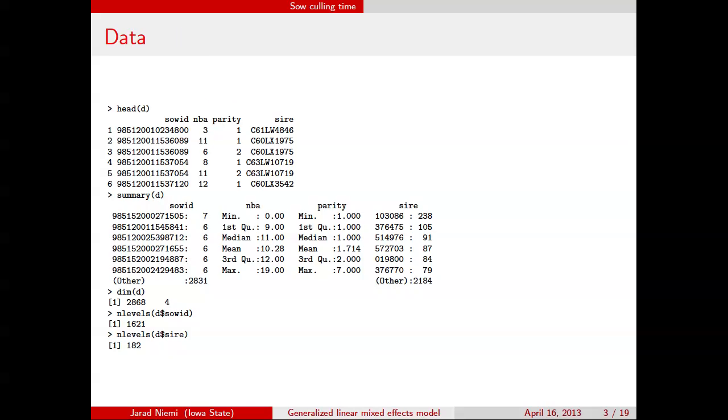Okay, so here's just a quick look at the data set. Here are the first 6 lines of the data set. On the left side is the unique ID for the sow. Sows are going to be in this data set multiple times, once for each parity, or once for each litter that they have in the data set. You can see right here that the same sow is observations 4 and 5 in this data set, corresponding to the first litter and the second litter under the parity column for that sow.